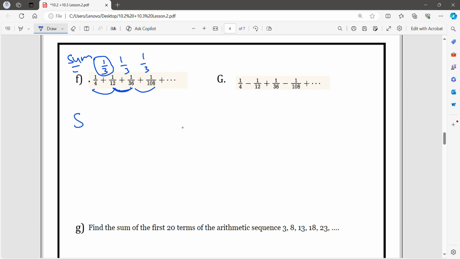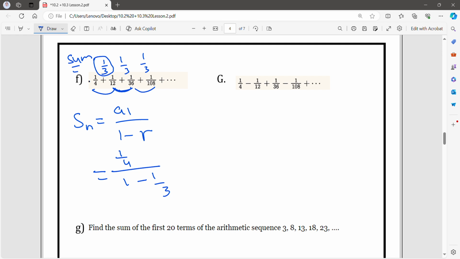And what is the infinite geometric sequence formula for the sum? It's S equals a1 over 1 minus r. Because it's infinite, we have to use this formula. a1 is 1 over 4, upon 1 minus 1 over 3.